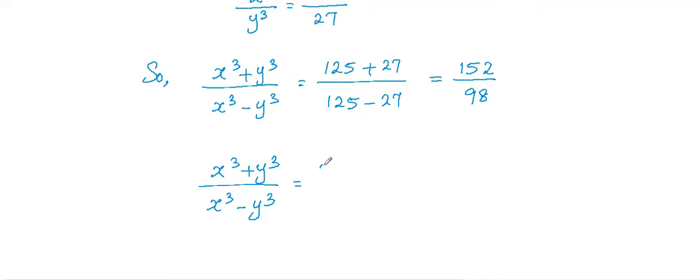If we divide 152 by 2, we'll get 76, and 98 by 2 is 49. So we can conclude that the value of (x³ + y³)/(x³ − y³) is 76/49.